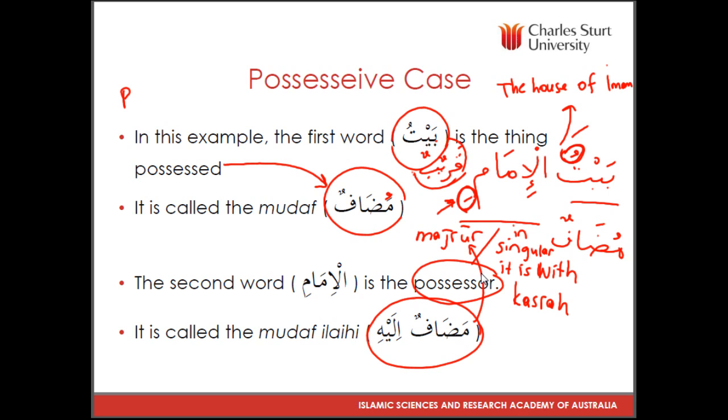It has no L in front, it has no tanween at the end. Of Arabic grammar, the main thing is that this is under the category of majrur, the genitive case. When we say mudaf, mudaf ilayh, you should always remember the ending for mudaf ilayh.